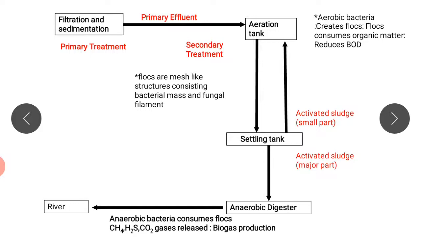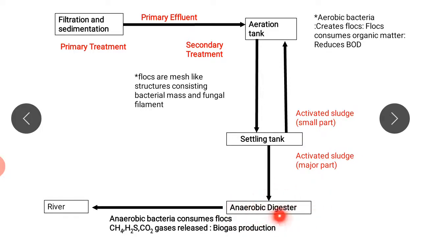A small part is sent back to the aeration tank, and the larger part is sent to the anaerobic digester. Aerobic means in the presence of oxygen. Here, anaerobic bacteria are present, that is, bacteria which don't require any oxygen for their growth and survival. In the aeration tank, aerobic bacteria are present, which require oxygen for their growth and survival and further decomposition of organic matter.